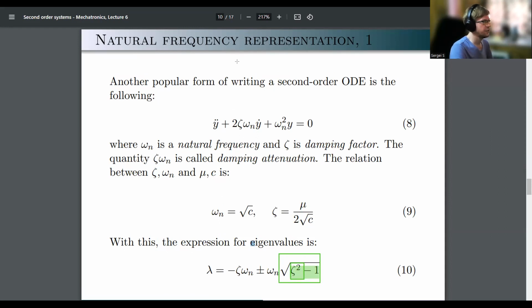Remember, we still assume that the damping factor is positive, just between 0 and 1. And it is a negative number, plus or minus an imaginary number. So critically damped refers to the fact that if you change it a little bit, it goes into oscillations.